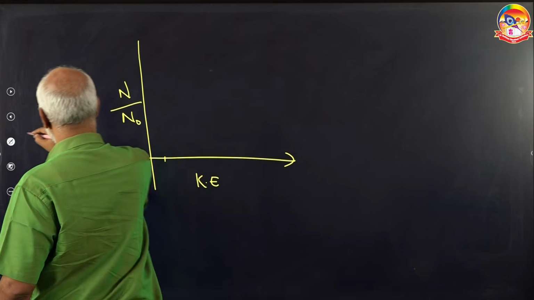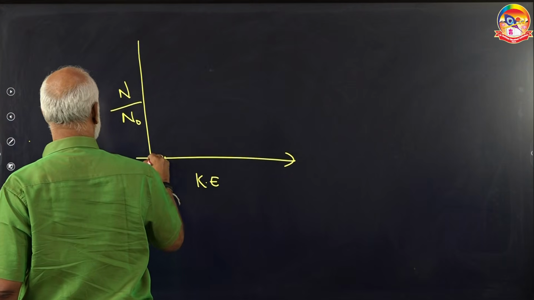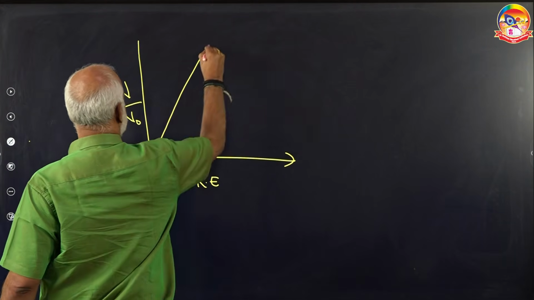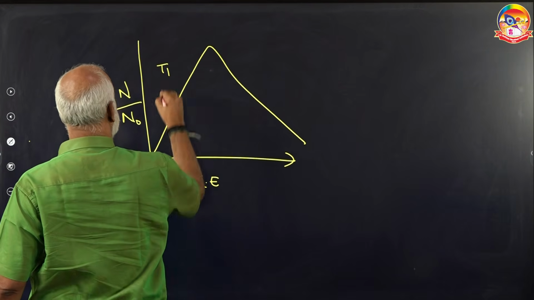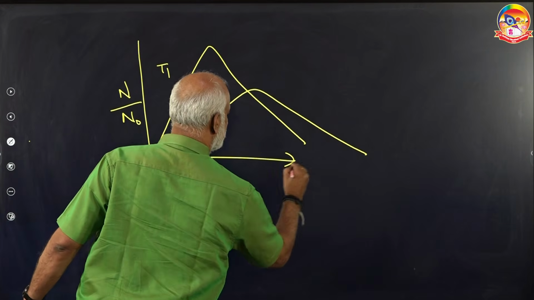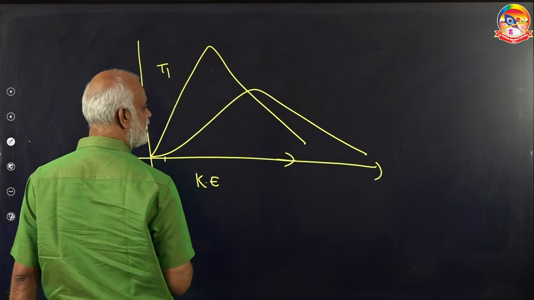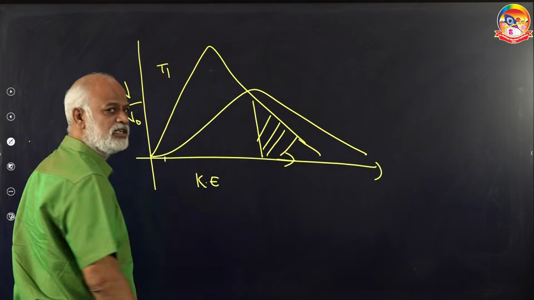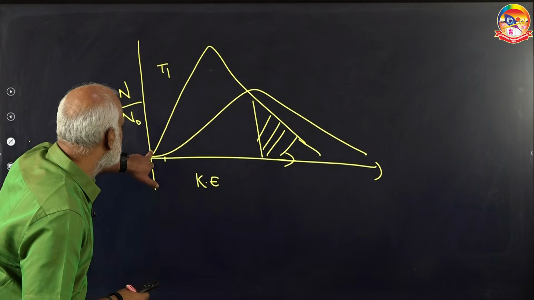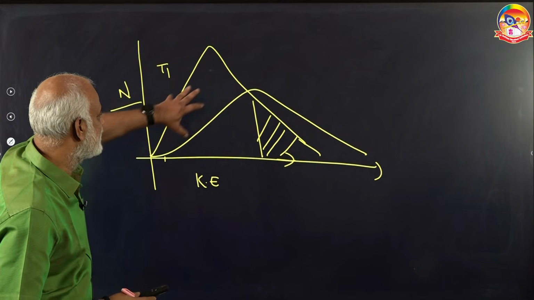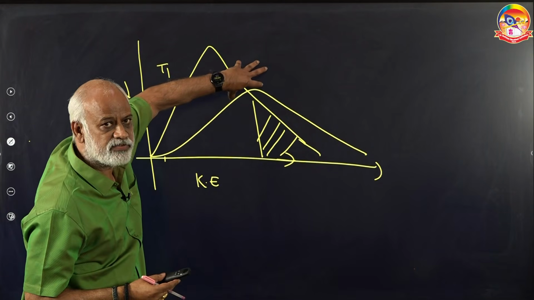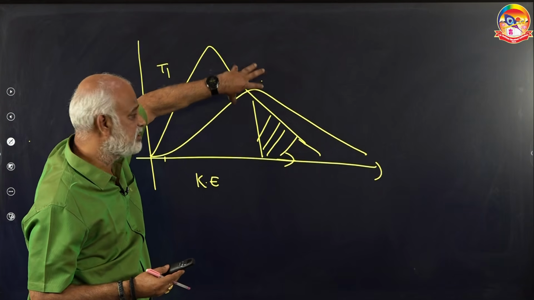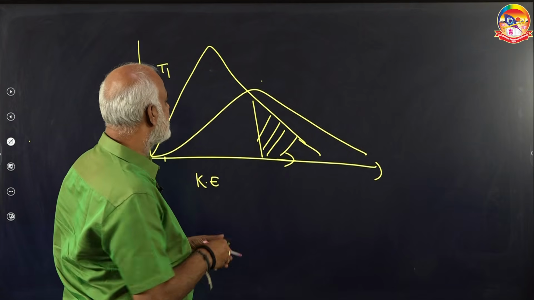Now, this is at a lower temperature T1, and this is at a higher temperature. If you see very clearly, is this not the fraction of molecules with high kinetic energy? These are the fraction of molecules with low kinetic energy, with medium or intermediate kinetic energy. These are the molecules with high kinetic energy.